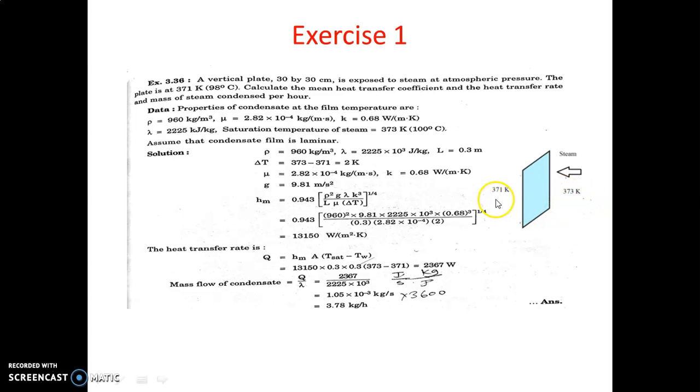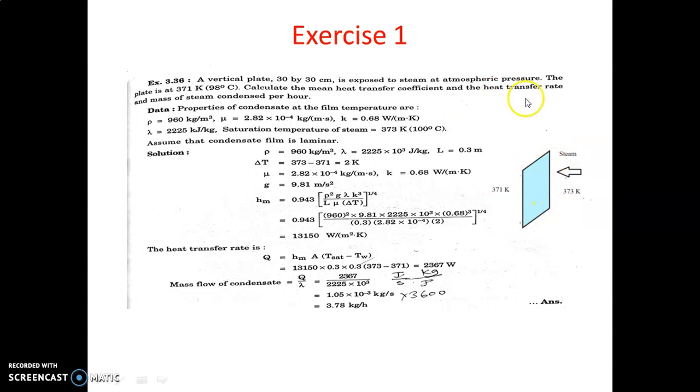Sorry, 373 minus 371, which is equal to 2, and we take the power 1 by 4 and multiply by 0.943. So we get this answer, 13150 watt per meter square Kelvin. So this is the HM, that means the mean heat transfer coefficient for this vertical plate.